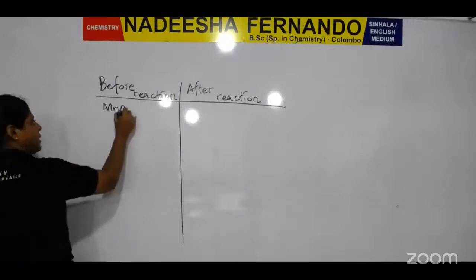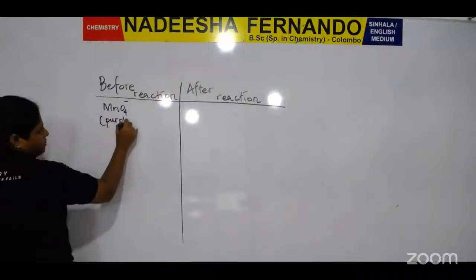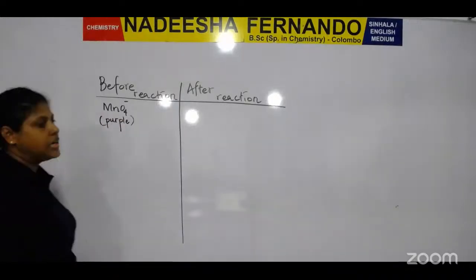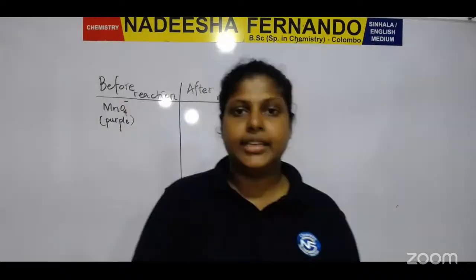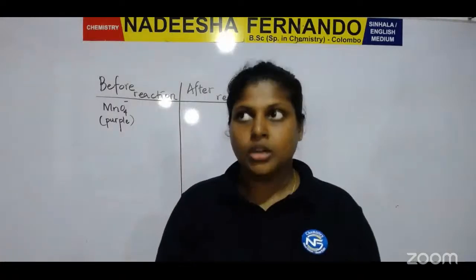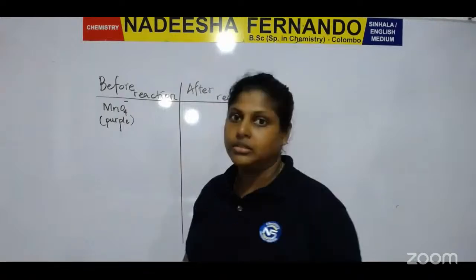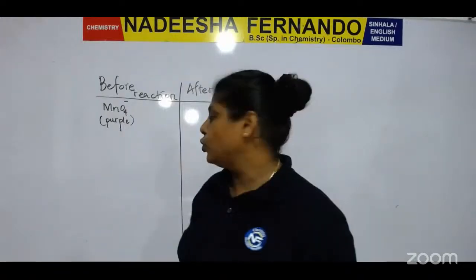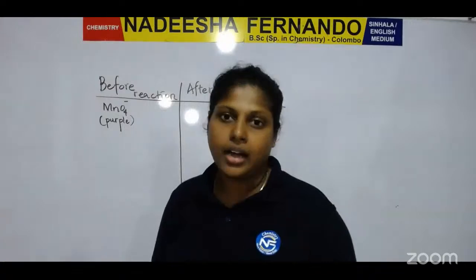MnO4 minus: remember that the color is purple. It is called permanganate. I haven't done the nomenclature part yet. To do the calculation part, we first need to do this part, so after the redox balancing I'll cover the nomenclature part.